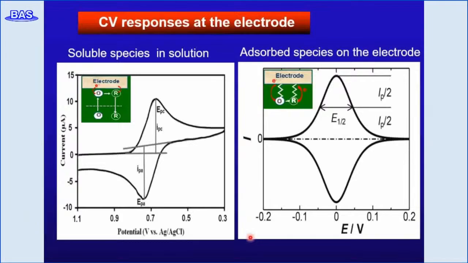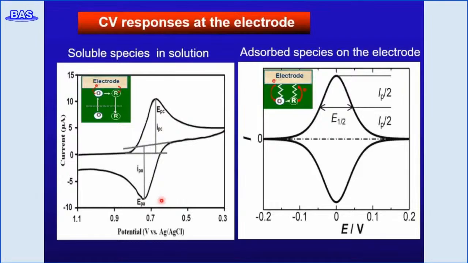Here we summarize the CV response at the electrode for solution species or adsorbed species. For the electrode reaction of chemical species dissolved in solution, the CV for the reversible system gives anodic and cathodic peaks separated by about 60 millivolt due to the diffusion of species to the electrode surface, as shown on the left-hand side.